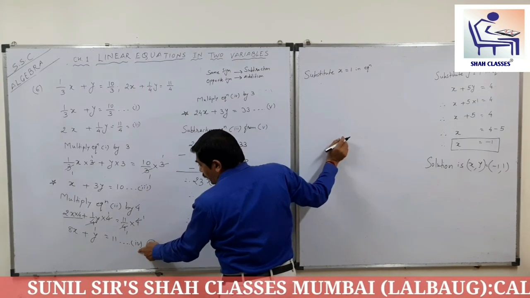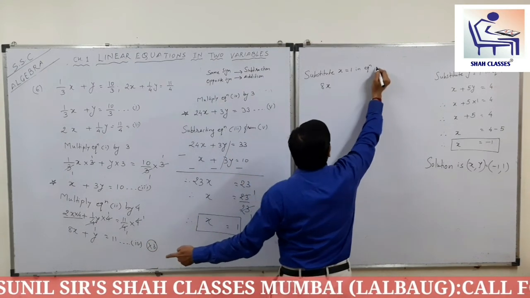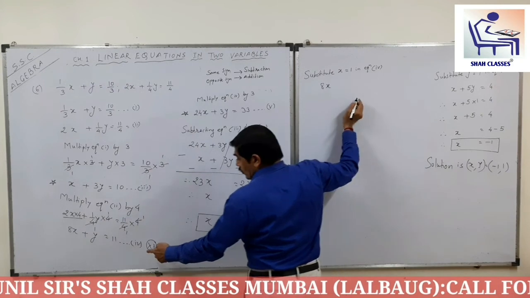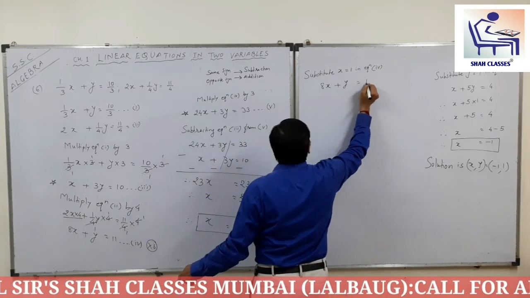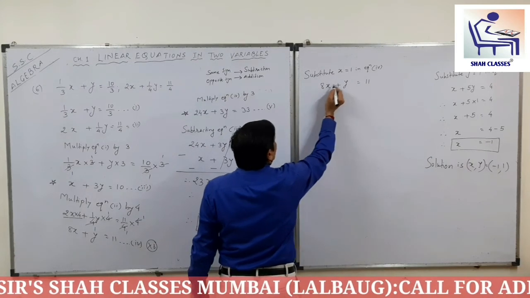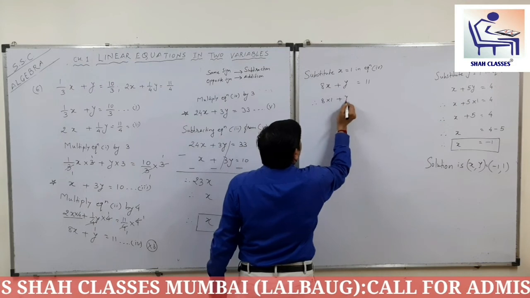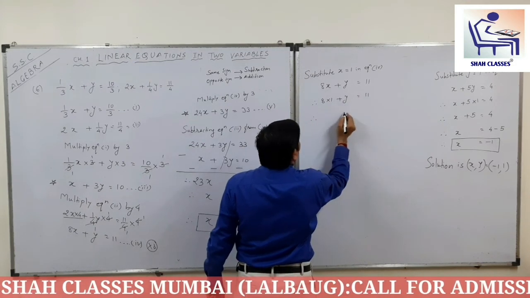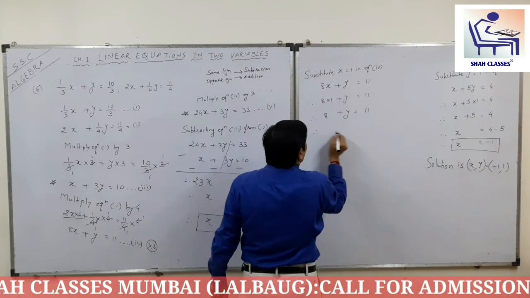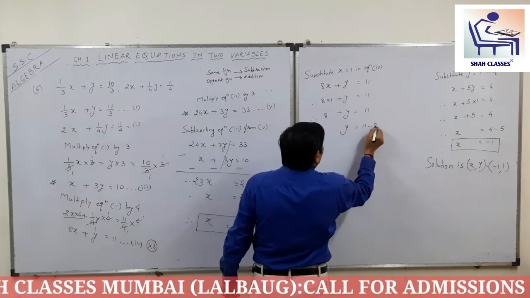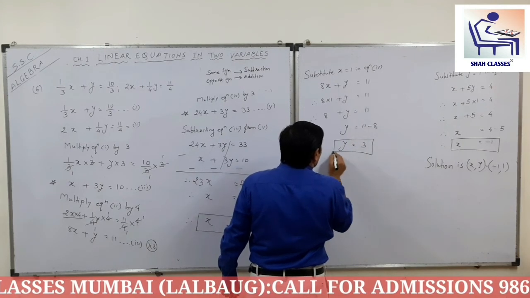We can go for this equation, equation number 4: 8x plus y is equal to 11. So we will substitute the value of x as 1, and now 8 ones are 8 plus y is equal to 11. So y is equal to 11 minus 8. So y is equal to 3.